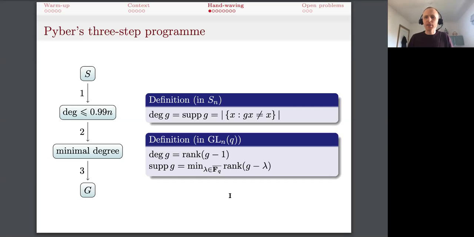But let me caution that although that was trivial in the case of the symmetric group because there are only n squared transpositions, it's really not trivial for SL_n(Q). For SL_n(Q), the number of transvections is about q to the 2n. So it's exponential in n, and this trivial argument does not work.